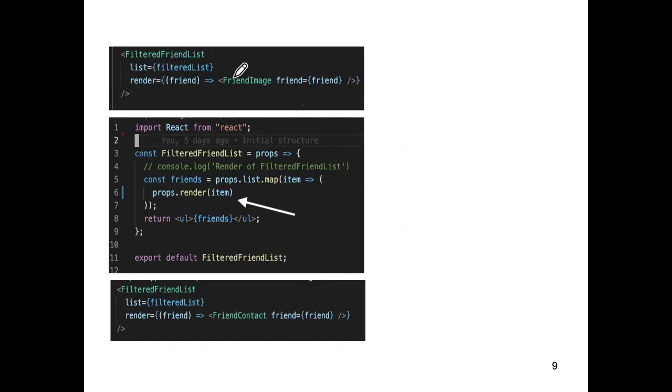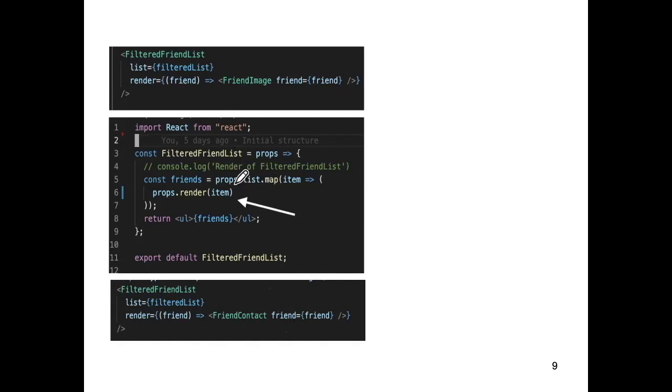This component, as we'll see in a while, is the one that generates the friend's name followed by their image. Whereas down here, I'm using the exact same component, but this time the render prop is telling it to render the friend in a different way. This component, as we'll see, is the one that displays a friend's name followed by their email address.